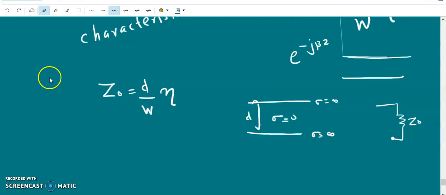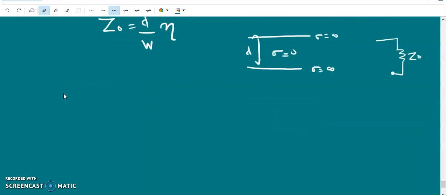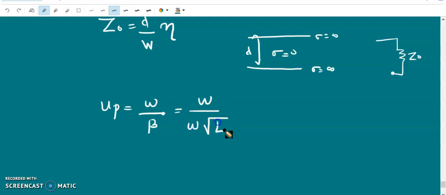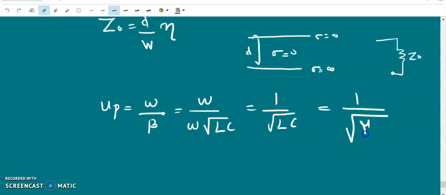Now we have to calculate the velocity of propagation along the parallel plate transmission line. This is the phase velocity, which is equal to omega by beta, which is omega divided by omega root LC, that is 1 over root LC. Substituting the values of L and C, we find that it is 1 over root mu epsilon.